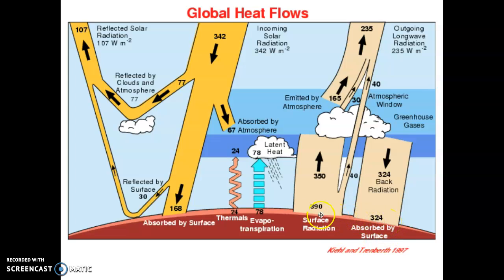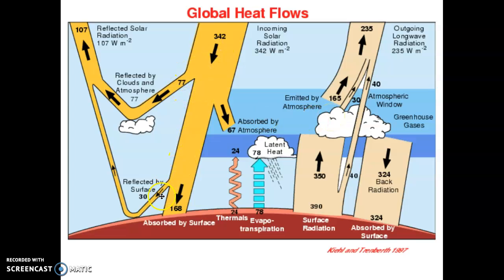The surface of the Earth is a hot body then, and therefore will re-emit, because anything that is at a high temperature will emit a certain amount of energy. That would be your black body radiation curves. So the Earth, because it's being warmed up by this radiation, is now re-emitting some of that radiation back.